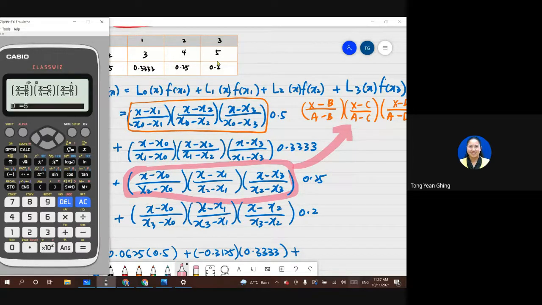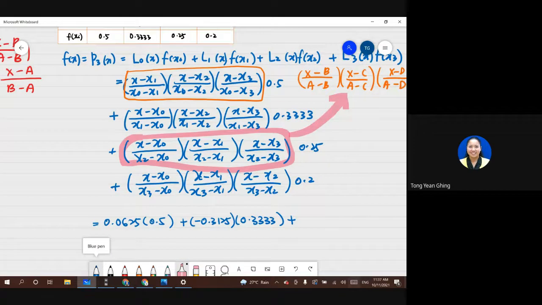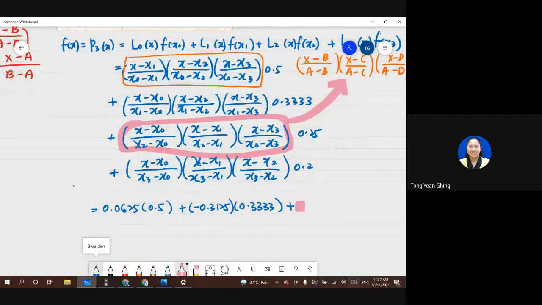And then last x3 is 5. So you get 0.9375 times with 0.25, and one more.